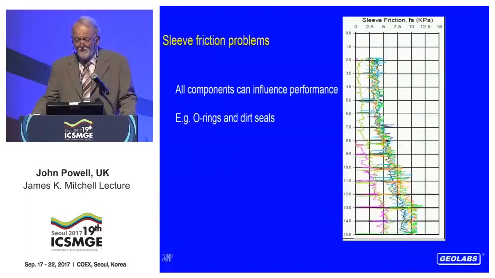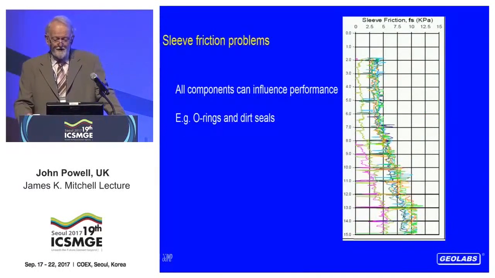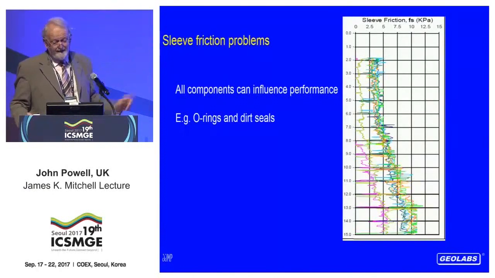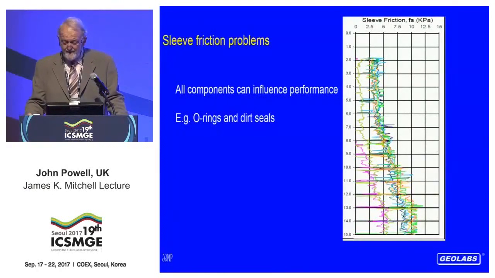And what that meant was you moved from the friction sleeve results on the left-hand side of the profile here, which in one case was 0 down to 8 meters, and the other case was very low, to that very close fitting group on the right-hand side. So we still have developments to do in equipment to ensure that we're getting reliable results out.